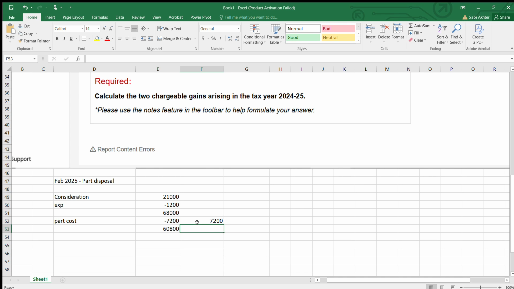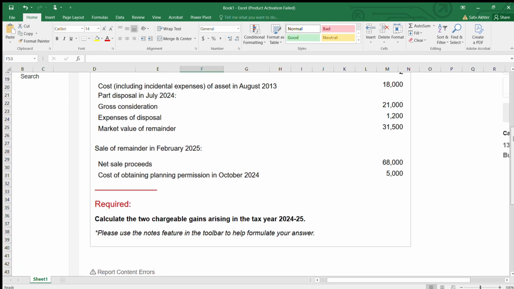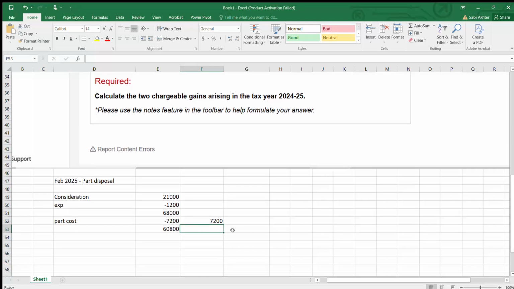So less the cost of the remainder. So what is the cost normally? 18,000. And from 18,000, for part cost you have taken 7,200.